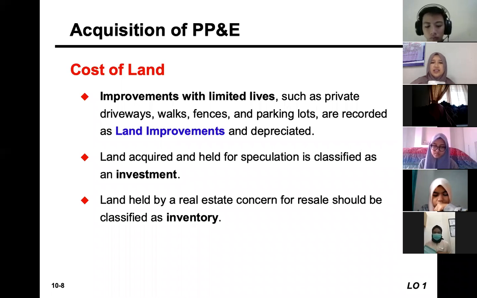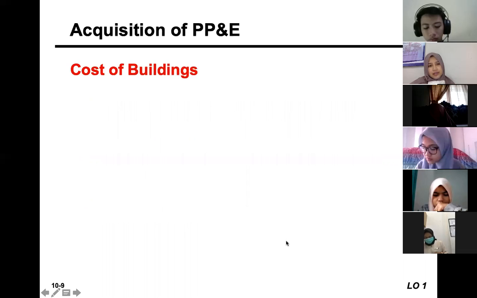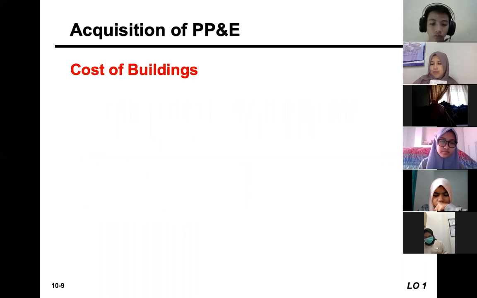It's not recorded as land or as investment, but as merchandise inventory itself. Yeah, because the nature of the company's operation is to purchase and sell the land or the buildings. Yeah. Okay, any question on the cost of the land?